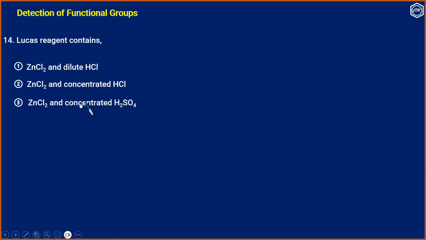Question number 14. Lucas reagent contains 1, zinc chloride and dilute HCl, zinc chloride and concentrated HCl, zinc chloride and concentrated sulfuric acid, copper and concentrated HCl. And we know that Lucas reagent contains zinc chloride and concentrated hydrochloric acid.